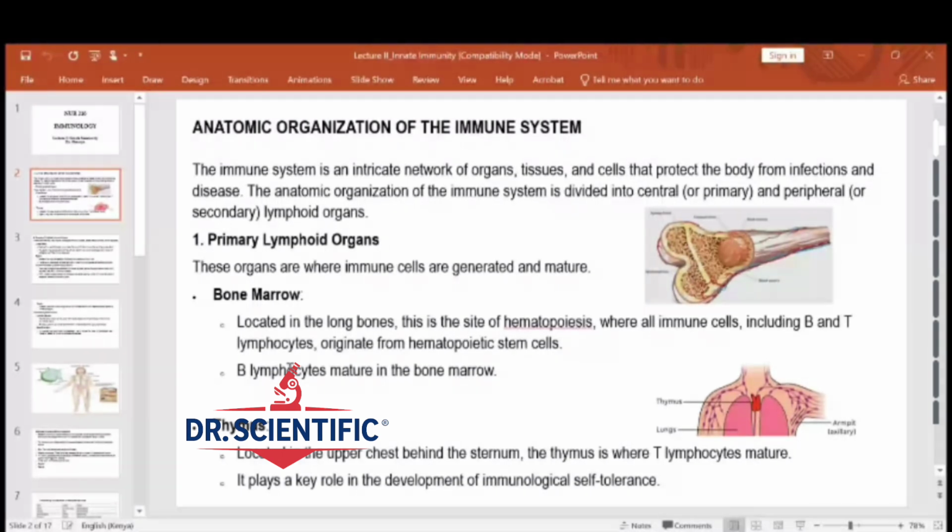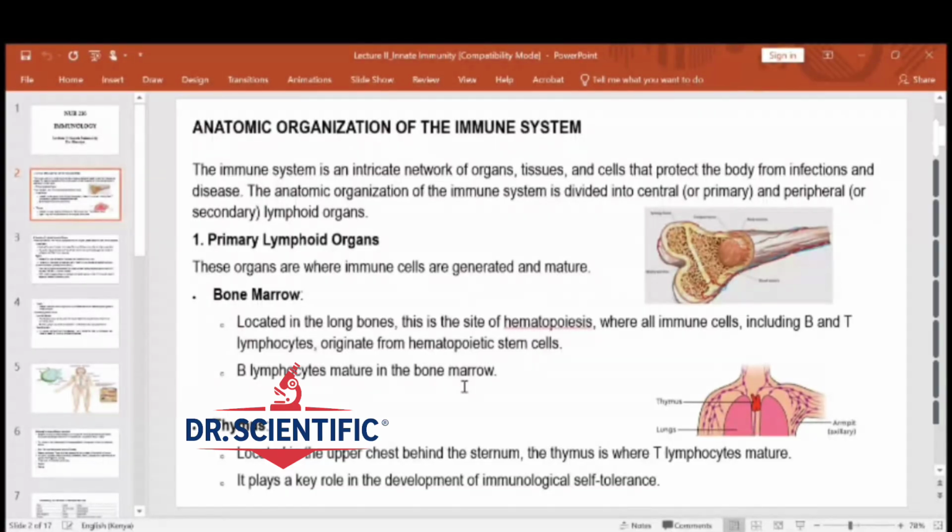We also saw that T cells play a very key role in the adaptive immune system, in what we call cell-mediated immunity. So the bone marrow is where these cells originate from, and specifically B cells mature there. It is a key hematopoietic site.